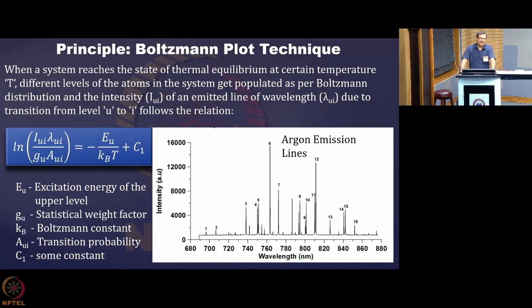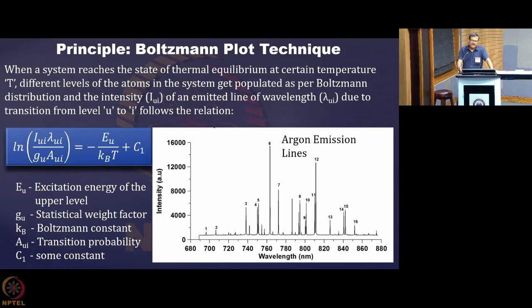This is the very basic picture, but there are many other factors which influence the ultimate intensity that you are getting. So, what are they? The influencing factors are the transition probability and the degeneracy of the level.